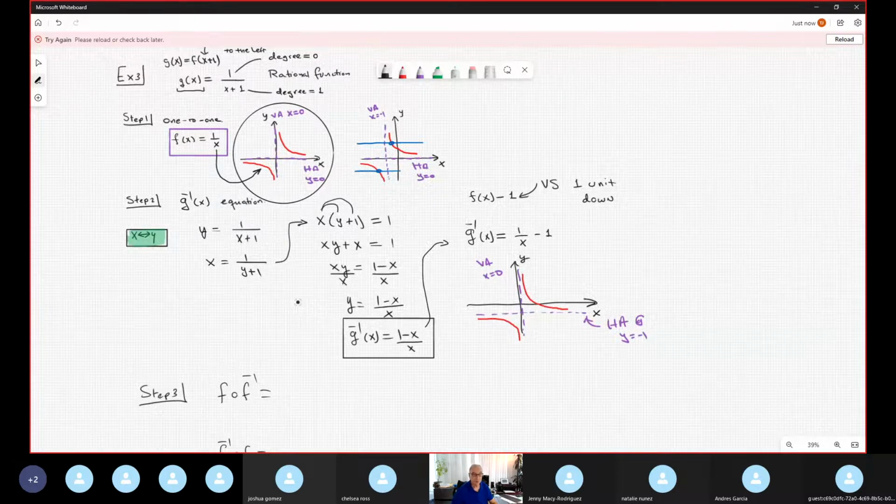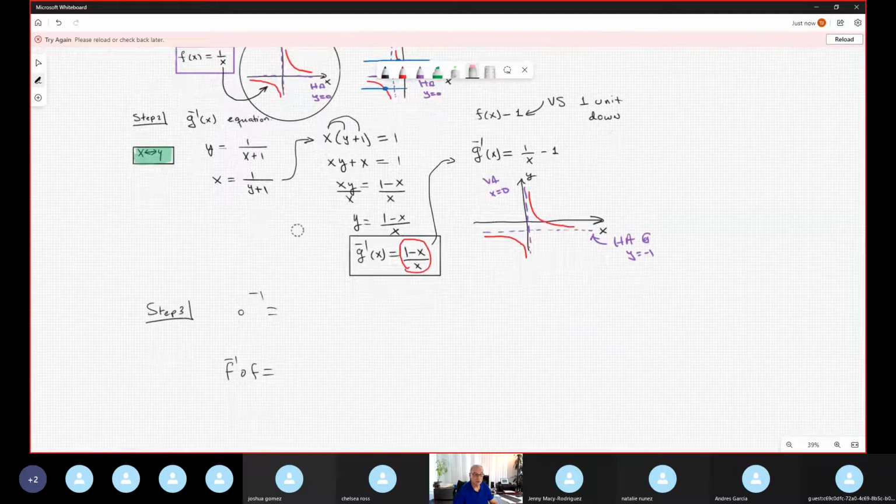Suppose you take the inverse, get this. I don't know why I always write F. Actually, in this problem it's not F, it's G. So the thing we are doing is G composed with G inverse and G inverse composed with G. Let's do the first case.